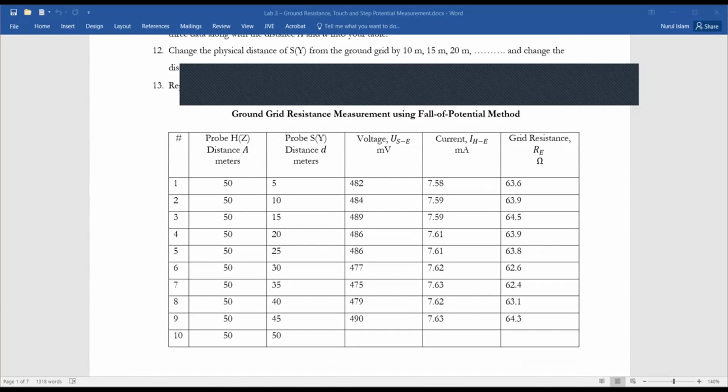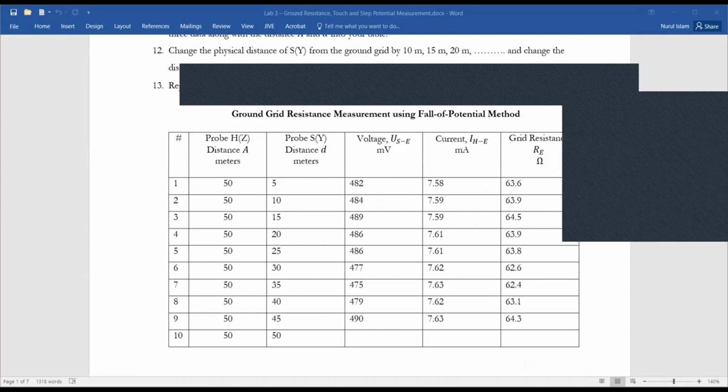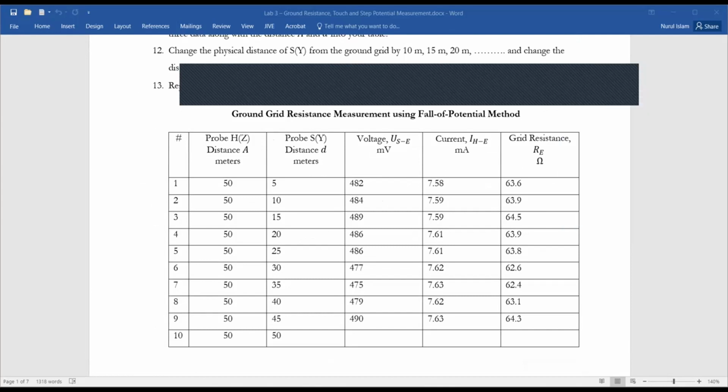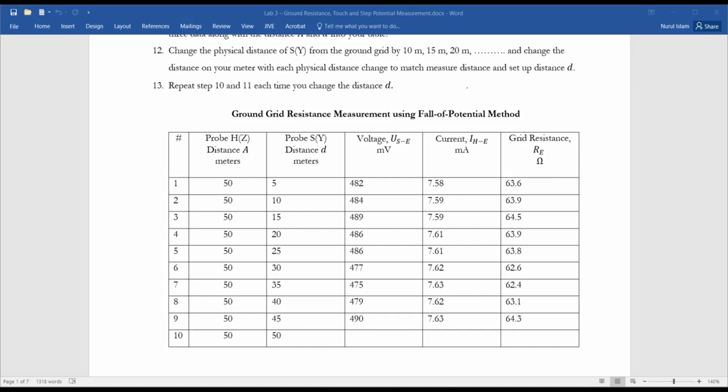So my question is, please step forward and answer. What will be your ground resistance from this table? Look at this table and tell me. Anyone? Will it be 63.6, or 64.3, or some other number, 63.9?